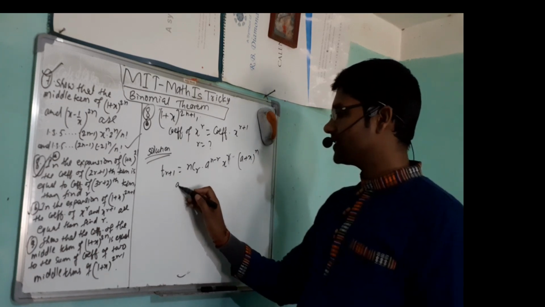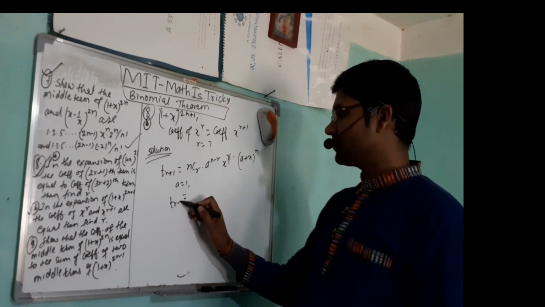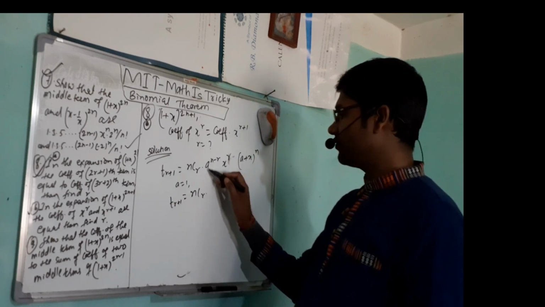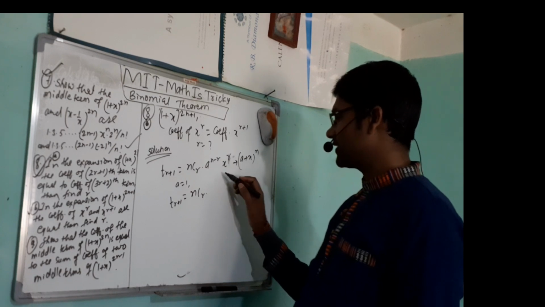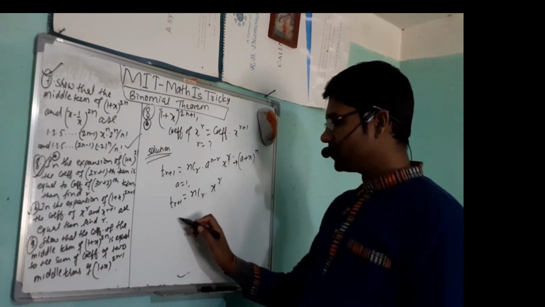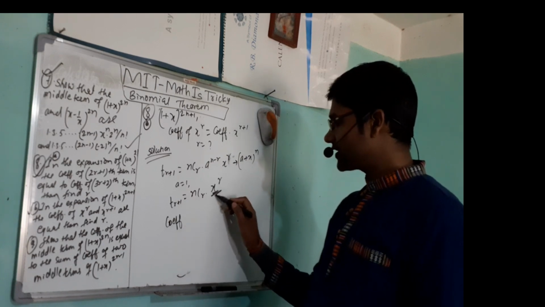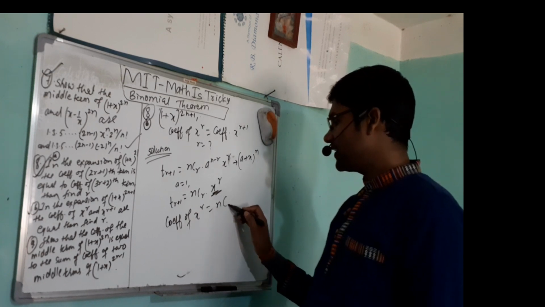Here a is given, simply a equals 1, so T(r+1) will be nCr, and the a term is eliminated, so we get simply x^r. What do I mean? Watch carefully: the coefficient of x^r will be simply nCr.